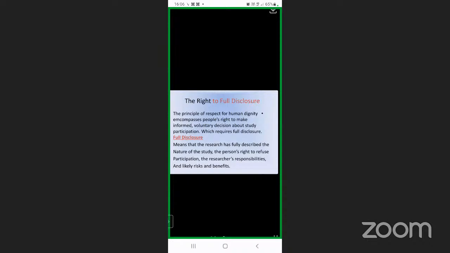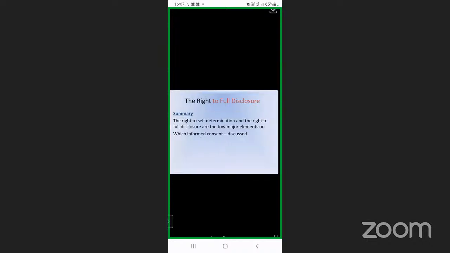So whatever part, whatever data, whatever volunteers you are using for your study, at that time we have to take the permission as per the law. Okay, so full disclosure must be given, and he has the right to refuse participation, the researcher's responsibility, and likely risk and benefit.